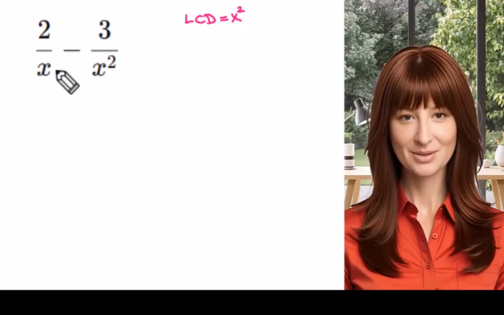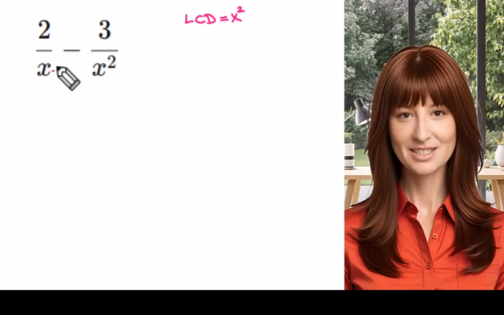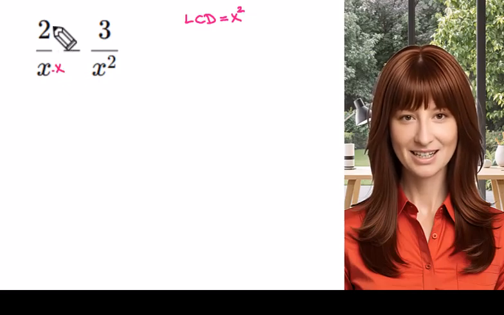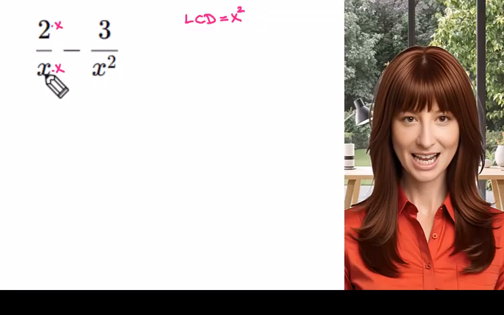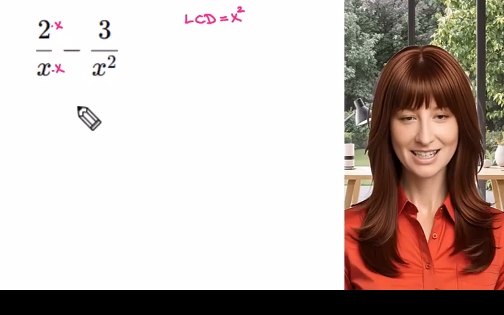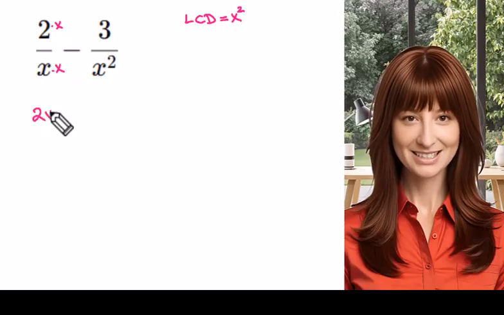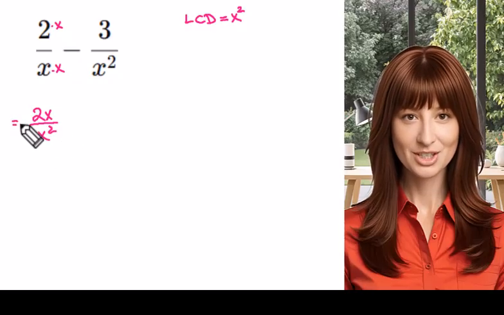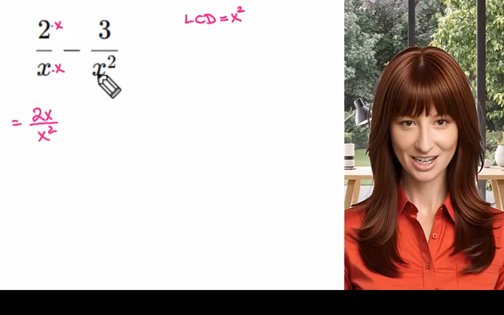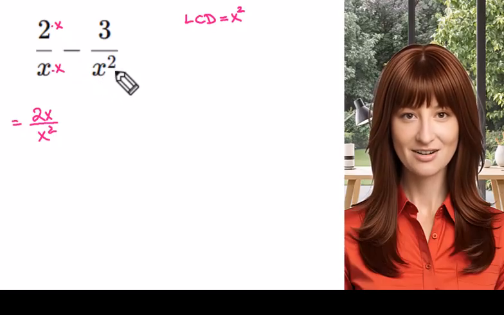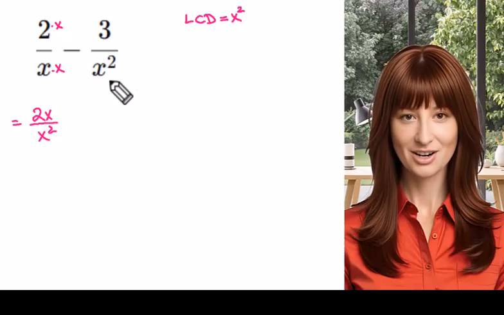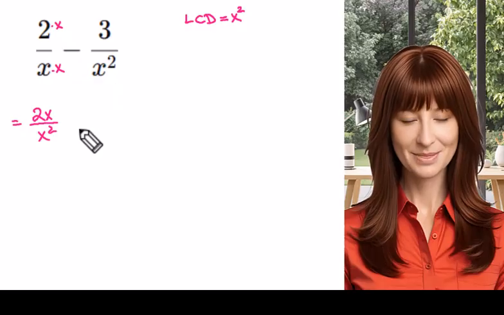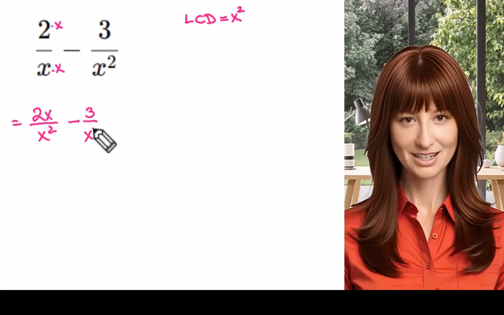To achieve that, we are going to multiply both the numerator and the denominator by x, because x times x gives us x squared, which is the LCD. So we get 2x over x to the second power. We do not need to modify the second fraction because its denominator is already the LCD, so we are just going to copy that. So we have 3 over x squared.